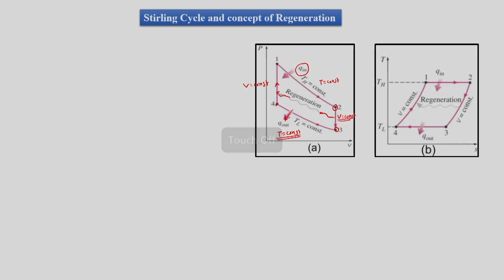The same diagram on TS chart: process 1 to 2 is isothermal heat addition, process 2 to 3 is constant volume heat rejection not to the atmosphere, process 3 to 4 is constant temperature heat rejection to the atmosphere, and process 4 to 1 is constant volume heat addition, again not from the atmosphere.